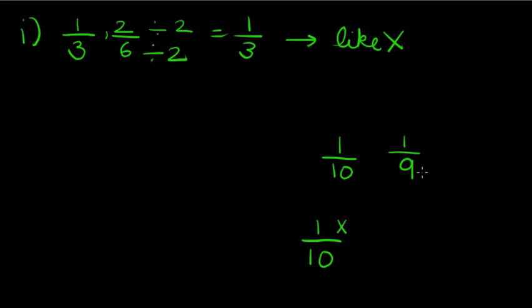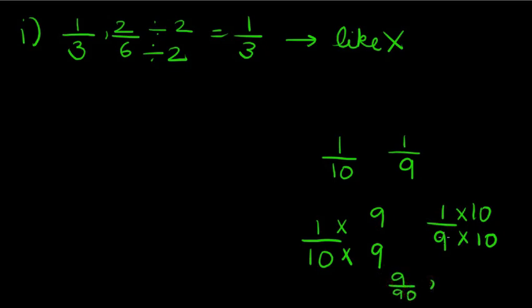I'm keeping them equivalent, but still I'm making them like. 1 upon 10 is multiplied by 9, and 1 upon 9 is multiplied by 10 this time. So what I get over here is 9 upon 90 and 10 upon 90. So I can say that now the denominator is the same. So these are like fractions.